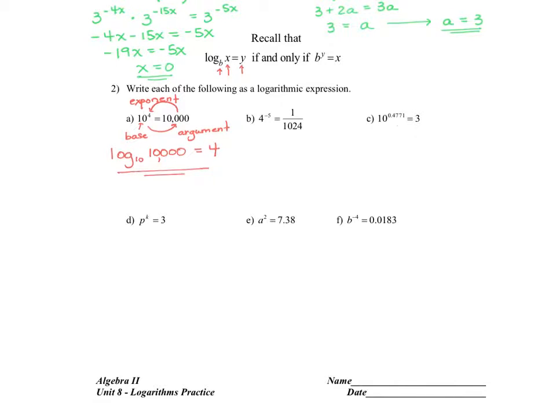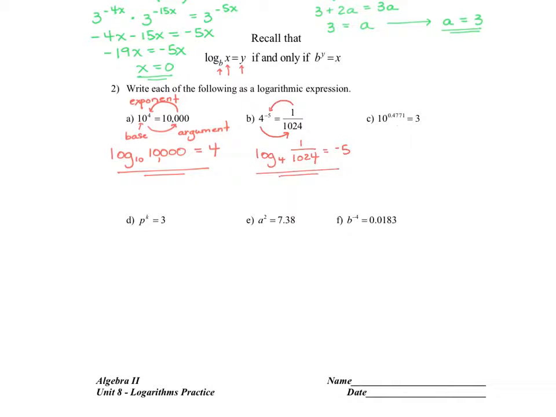And I just follow this same procedure every time. So log of base 4 of the argument 1 over 1024 is equal to the exponent, which is negative 5. So log base 4 of 1 over 1024 is equal to negative 5.